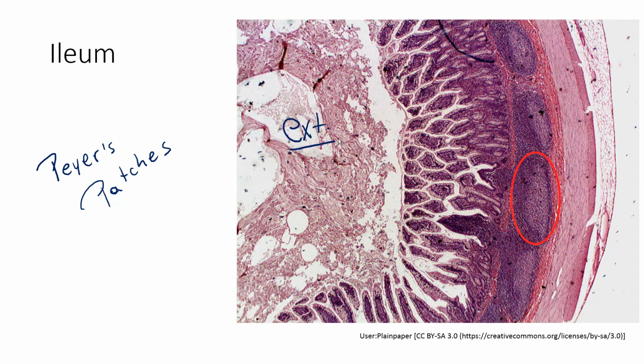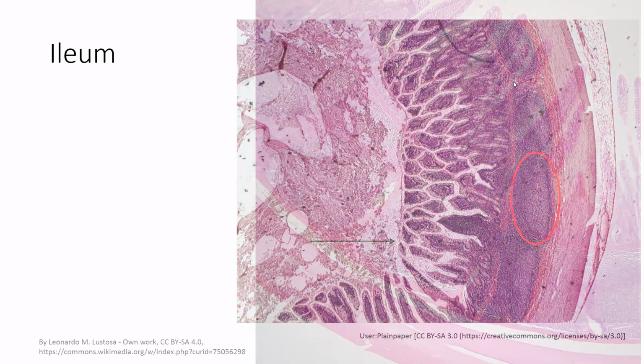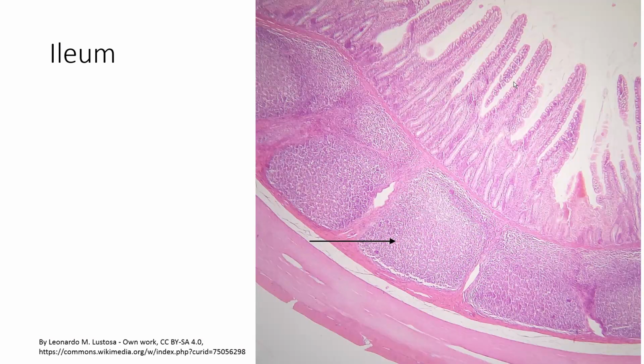Your immune system doesn't care about what's going on out here. But as soon as something makes it across this epithelium and into here, it is now internal and therefore could cause infection. So your ileum is going to contain numerous Peyer's patches. So here's another micrograph, and you can see the very large, distinct Peyer's patches present in the submucosa.